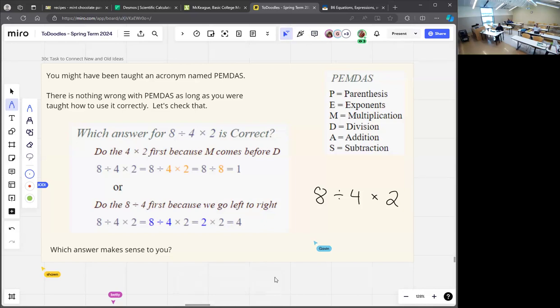Do I do the 4 times 2 first, because in PEMDAS, M for multiply comes before D? Or do I do the 8 divided by 4 because I'm going left to right for some reason at that point?